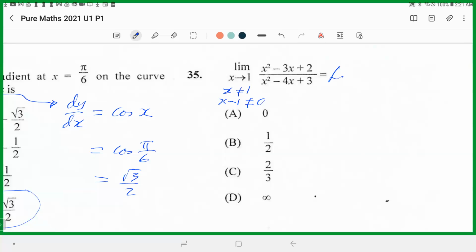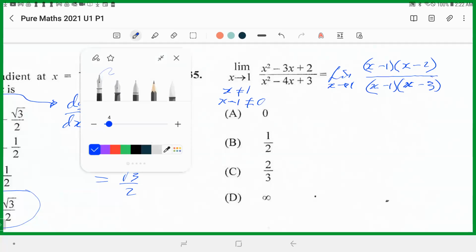So in the numerator, I'm going to look for the x minus 1 inside. It becomes the limit as x tends to 1 of, let's write it down now, the other factor has to be x minus 2, which is correct. Over, I'm looking for x minus 1 in the denominator as well. So the other factor has to be x minus 3, which again is correct.